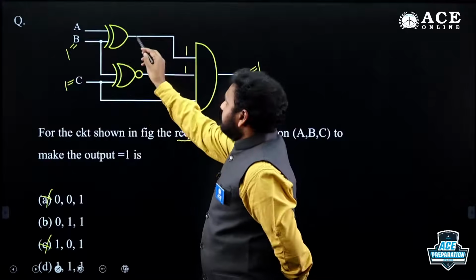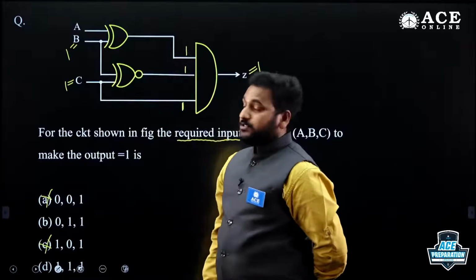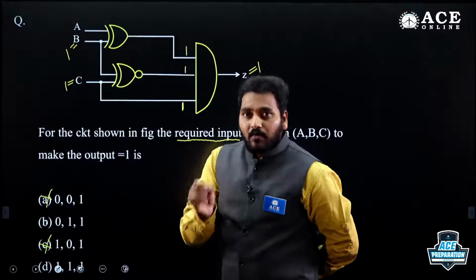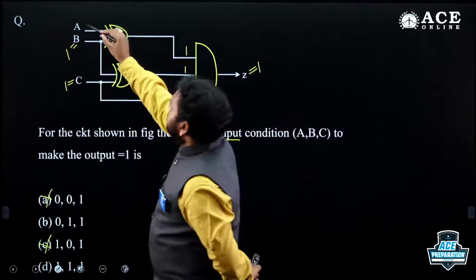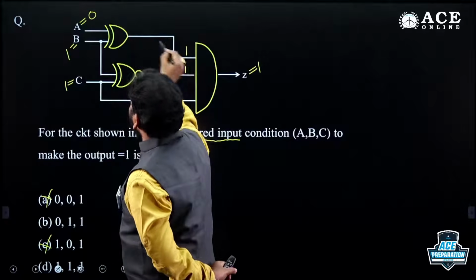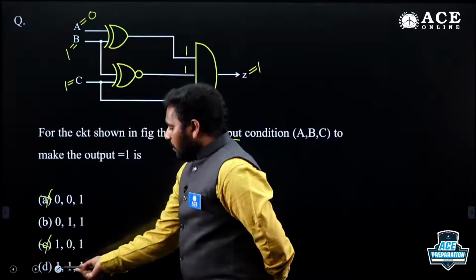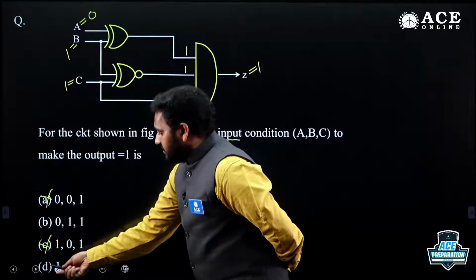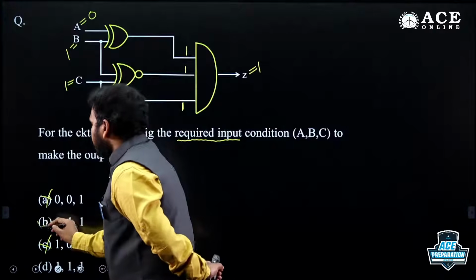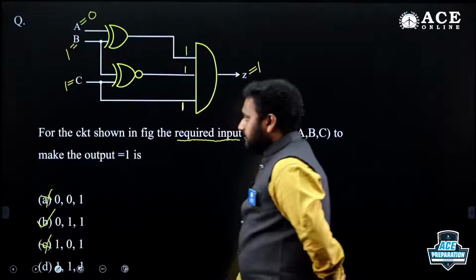But output should be 1. If inputs are complemented to each other, then only XOR gate will produce logic 1. As we know already one input is 1, the next input must be complement of 1. It should be 0. Then 1 XOR 0 can be 1. A must be 0. See here A is 1. So option D, 111, is the wrong answer. B is 011. A0, B1, C1. That's all.